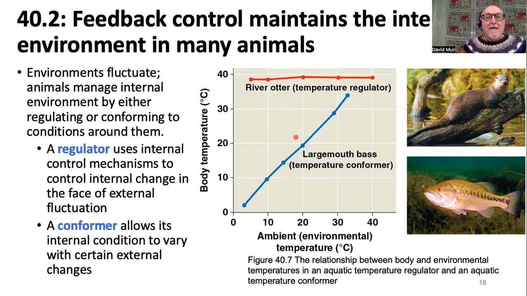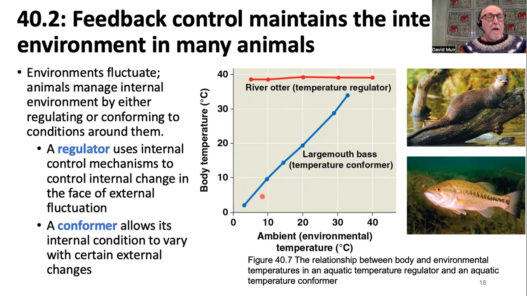And if it wants to maintain a particular body temperature, it has to move into an environment where the temperature is suitable. But a conformer very often has a very, very wide range of tolerance. They certainly have optimal conditions under which they operate, but they are often very much more tolerant of a wide range of conditions.